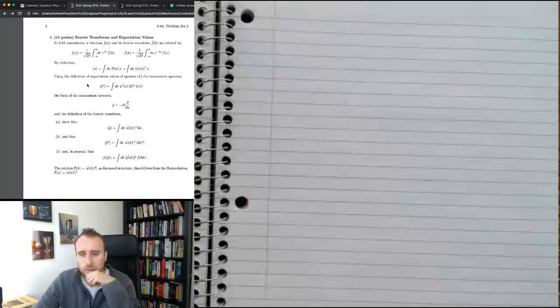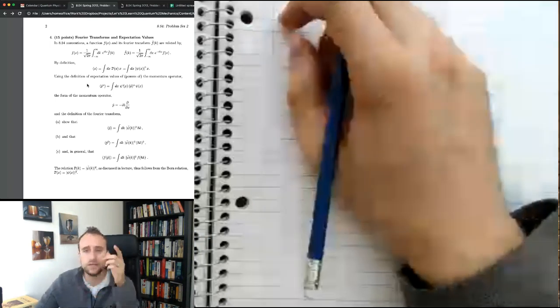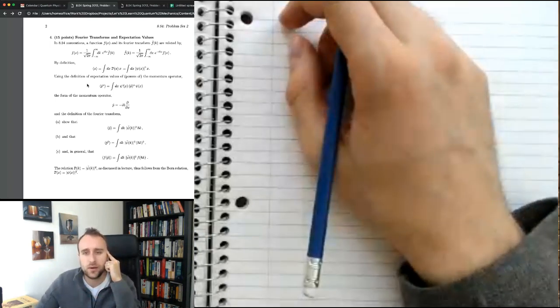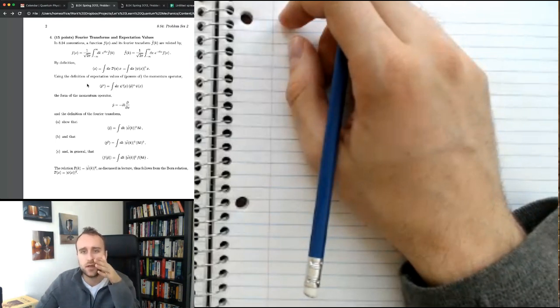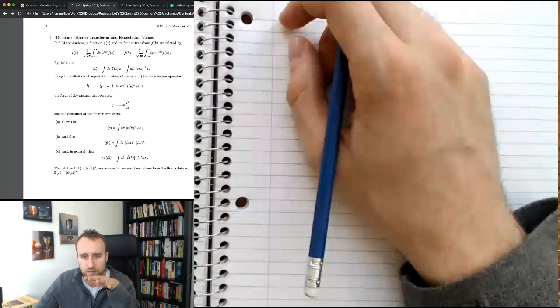Well, what do I know? I'm just going to write down some things I know that are going to be tricks. So one thing I know is that because the momentum operator is taking a derivative, and because the Fourier transform is an integration, the momentum operator is going to cancel the integration, and that's how we're going to avoid that problem. So let's maybe start there.